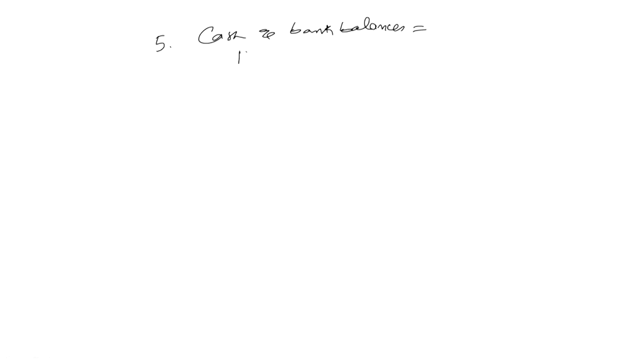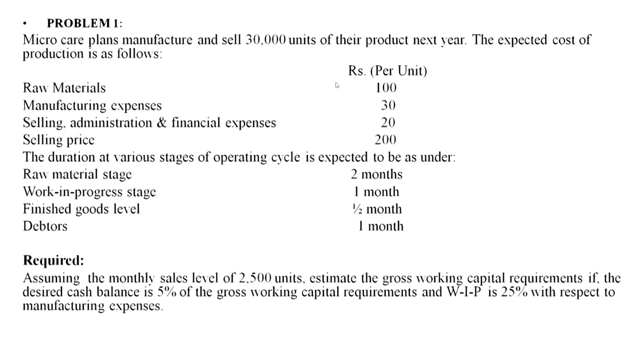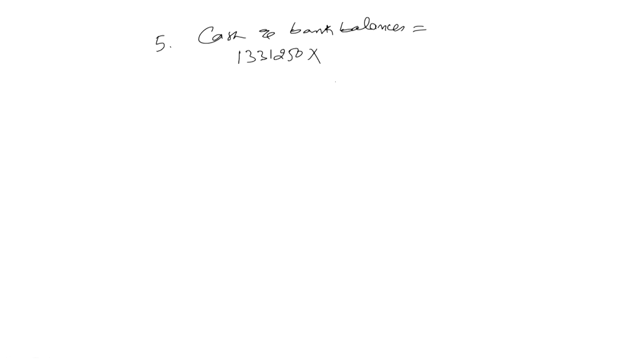Say, for example, the investment requirement before cash was 13,31,250, and it is written clearly in the problem: estimate the gross working capital requirements if the desired cash balance is 5% of the gross working capital requirement. So, gross working capital requirement will be worked out after adding the cash.